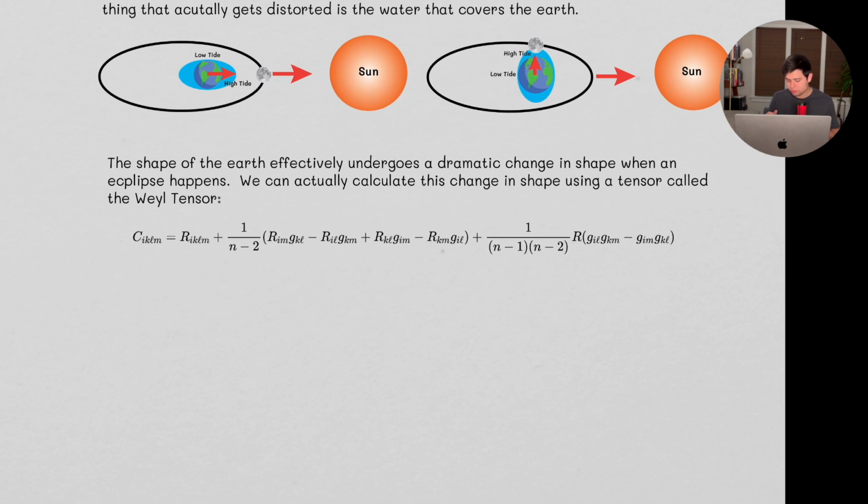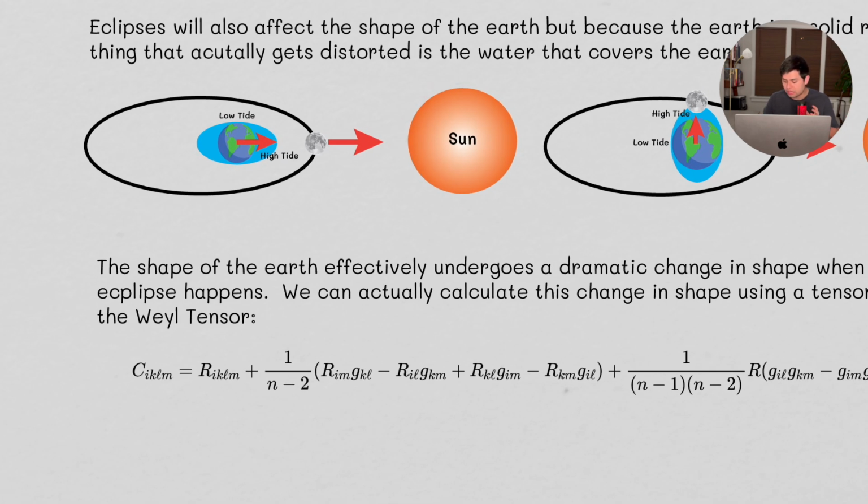The shape. So this is where we get into a little bit of advanced stuff, but I'm going to try to break it down. The shape of the Earth effectively undergoes a dramatic change when an eclipse happens, because you can think of the sun as having a giant gravitational pull on the Earth, and so does the moon. What happens is that you have a giant gravitational pull plus another gravitational pull.